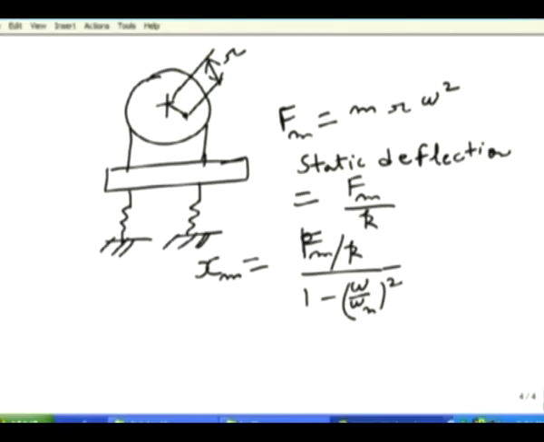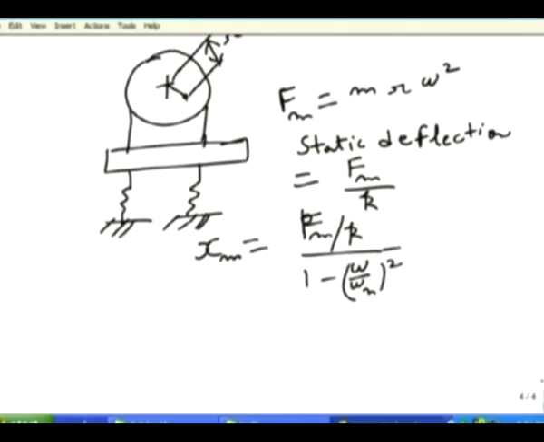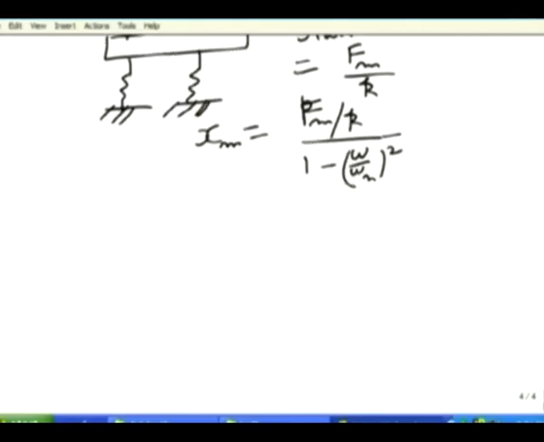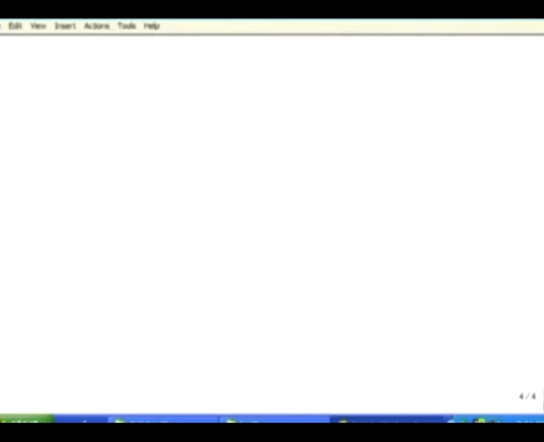Now, a similar type of 1D problem can be studied here, that is called whirling of shaft.